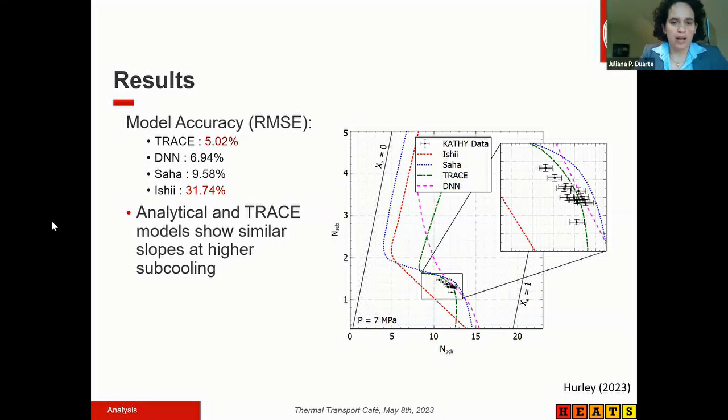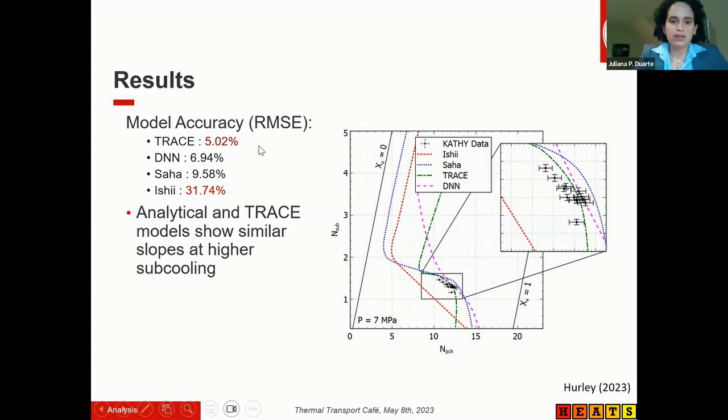There was one more analysis that was done by my PhD student, which was to use a deep neural network as a machine learning model to also try to predict this data, which is shown here in pink. But since we only have a very small range of subcooling number and phase change number, you see that the machine learning predicts well close to the data, but everything else is extrapolated, so the shape is not physical, since this was a data-driven model.